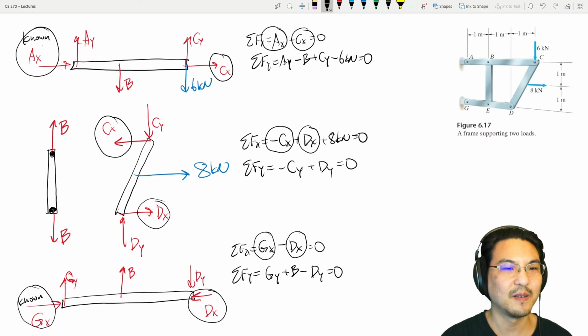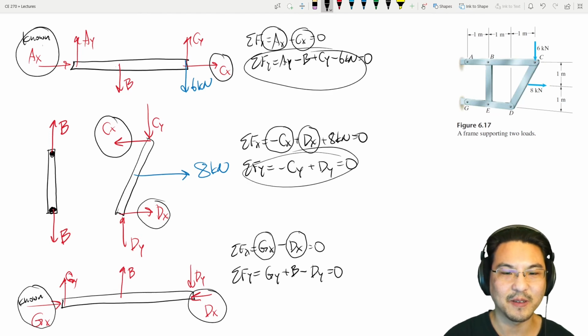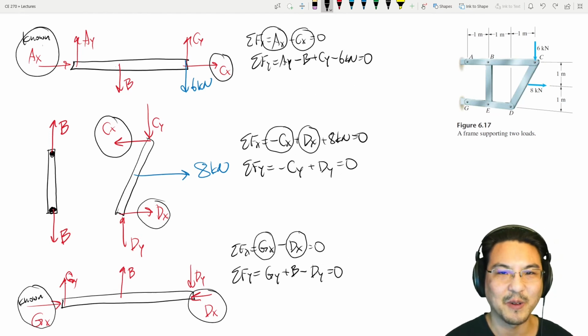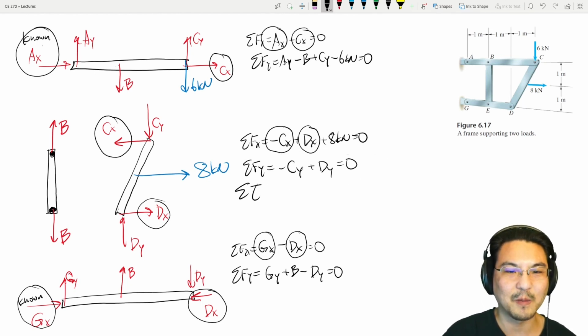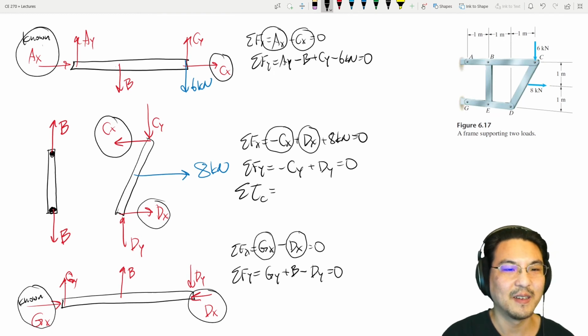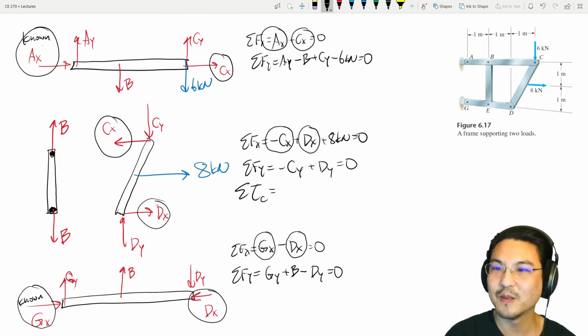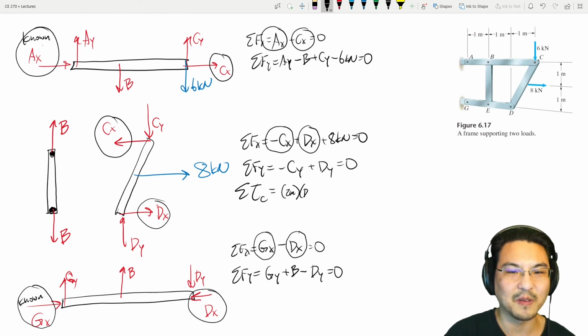So now let's be clever about how we sum torque to get rid of some unknowns. So if I take a look at it, this has 3 unknowns, this has 2 unknowns, this has 3 unknowns. So I want to focus on where it's easiest, right here. Let's solve for one of those. Sum torque about somewhere, let's say point C. So there's torque by dx, which is going to be positive 2 meters times dx.